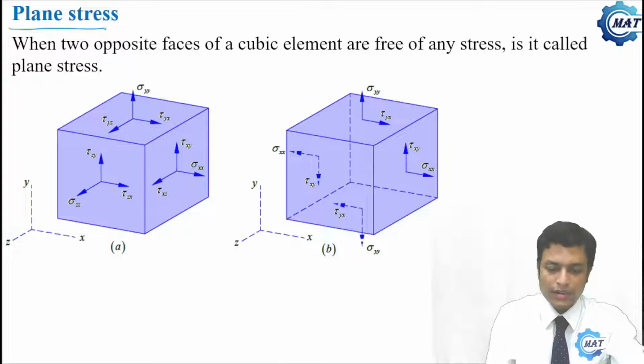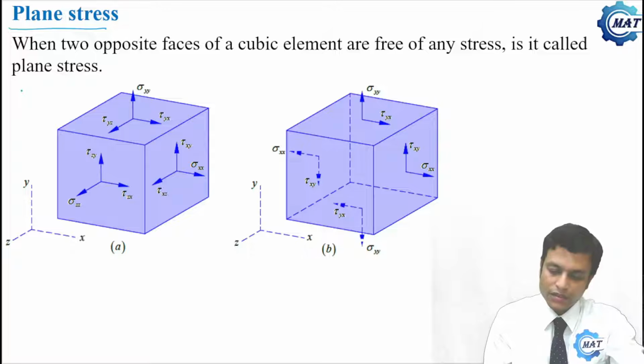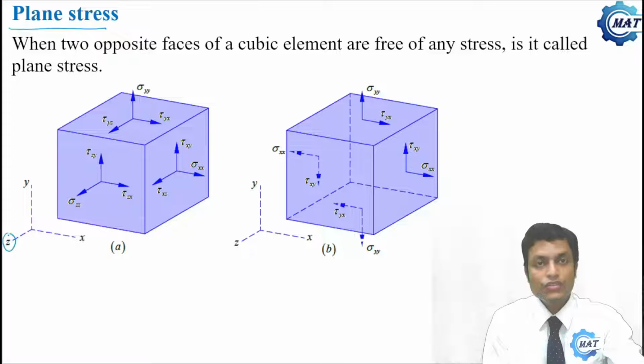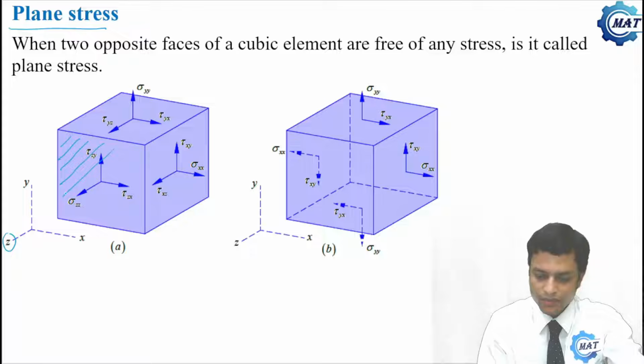When will we call it plane stress? When 2 opposite faces of a cubic element are free of any stress, it is called plane stress. That is, let us consider the z-axis and the plane which is normal to the z-axis.